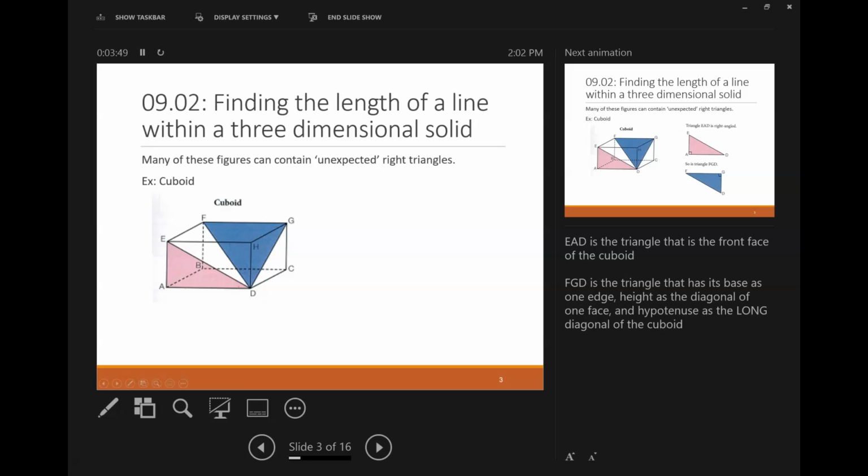So the pink triangle looks like a right triangle, right? That's very obvious. The blue one is also a right triangle. What is the right angle in the blue triangle? It's G, right? How do I know that FGD is a right angle?